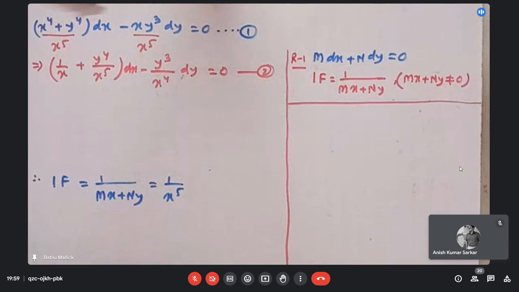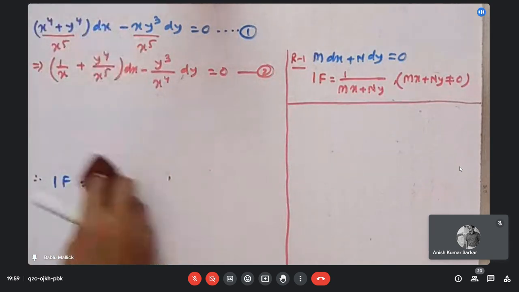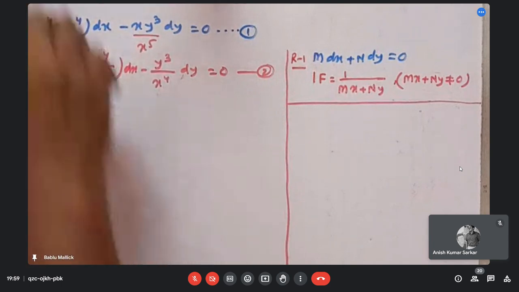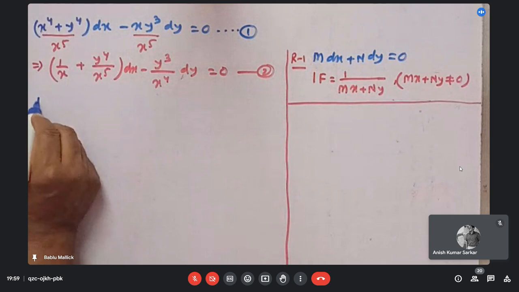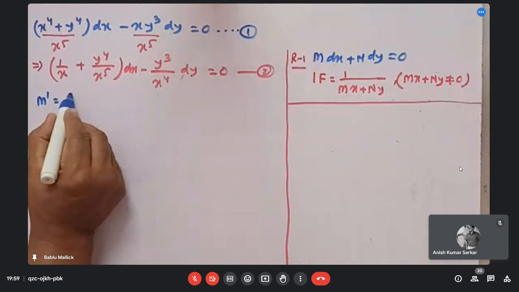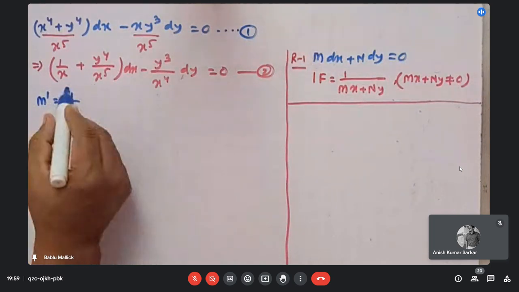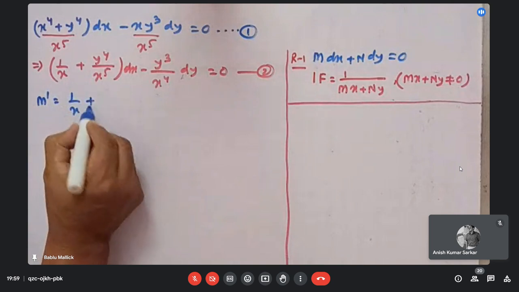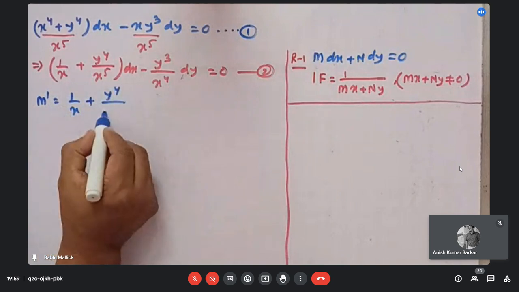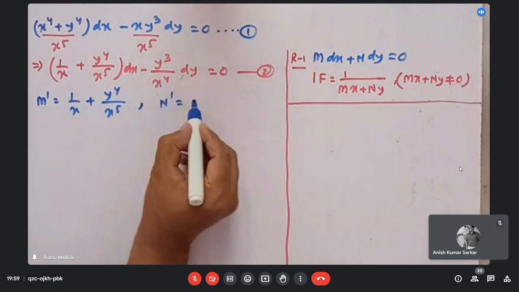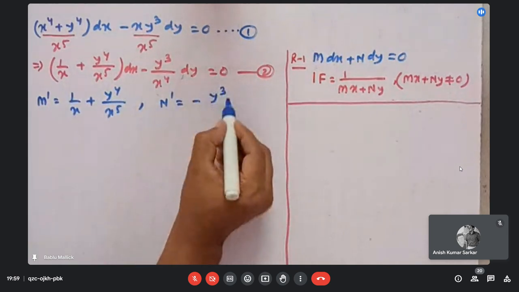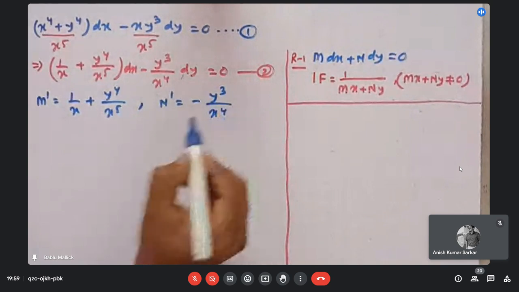Now we shall check whether it is exact or not. Let M dash is equal to 1 by x plus y to the power 4 by x to the power 5, and N dash is equal to minus of y cube by x to the power 4.